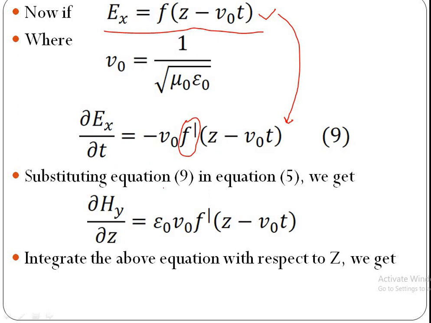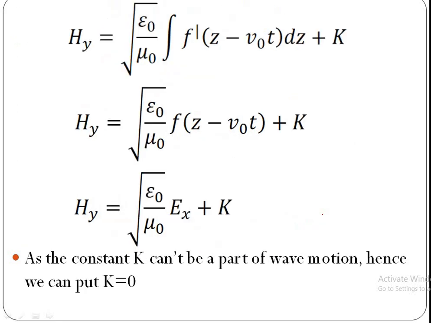Substitute this equation 9 in equation 5. We get this equation. Now integrate this equation with respect to z on both sides. Now this is the equation plus some constant k.